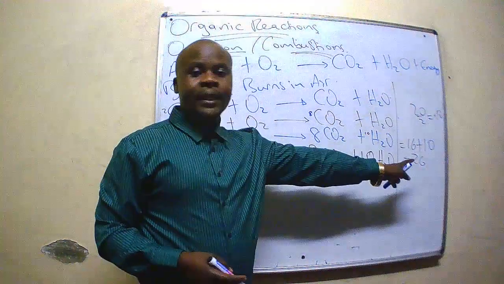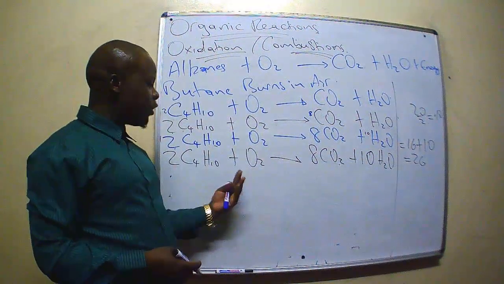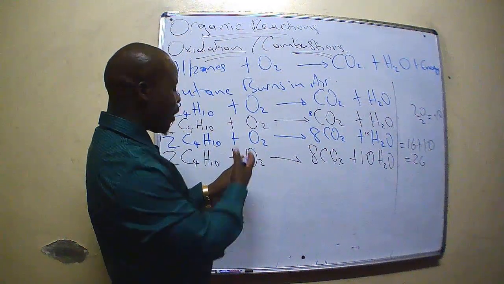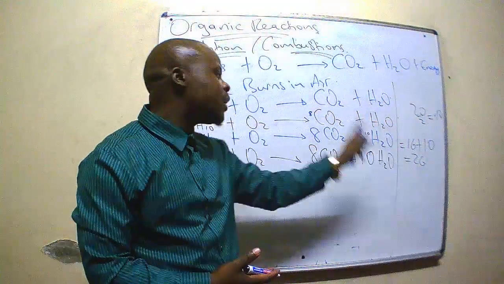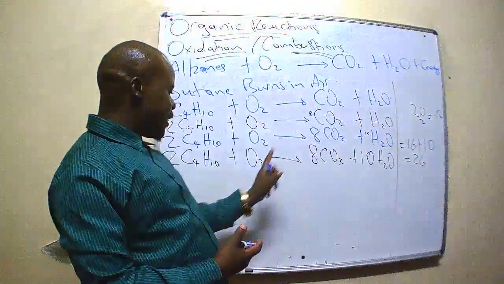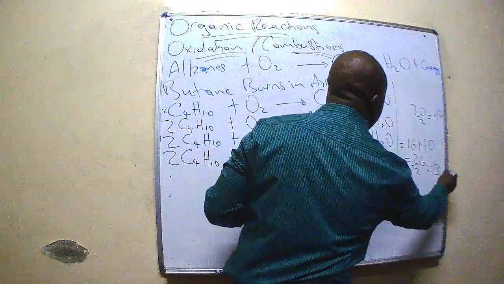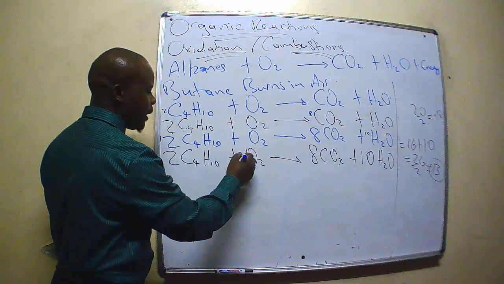So having 26 atoms on the right hand side and 2 atoms of oxygen on the left hand side, to know which coefficient we're going to put here, we divide those 26 atoms on the right hand side by 2, and that gives us 13, which means the coefficient we should put here is 13.